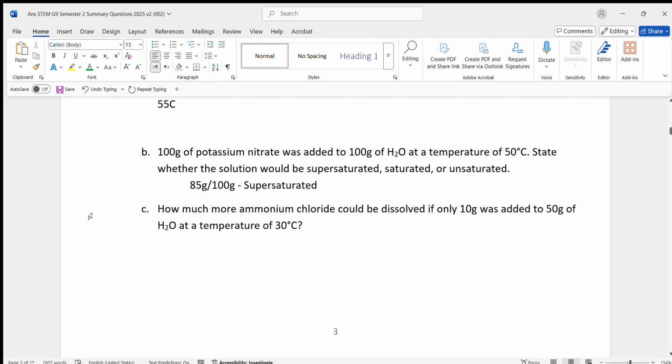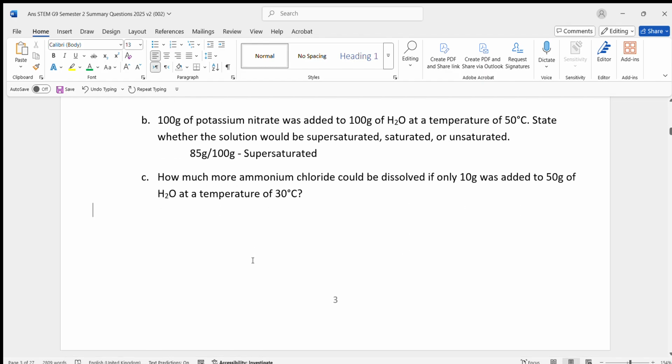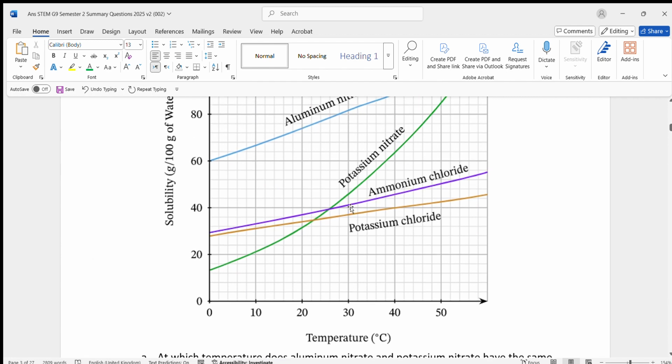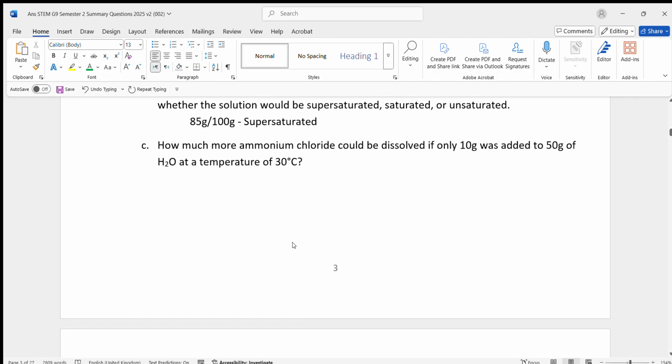All right, and the last one: how much more ammonium chloride could be dissolved if only 10 gram was added to 50 gram of water? You need to find on the solubility graph what the value is at 30 degrees for ammonium chloride. So 30 degrees ammonium chloride should be somewhere around 41, so 41 gram per 100 grams.